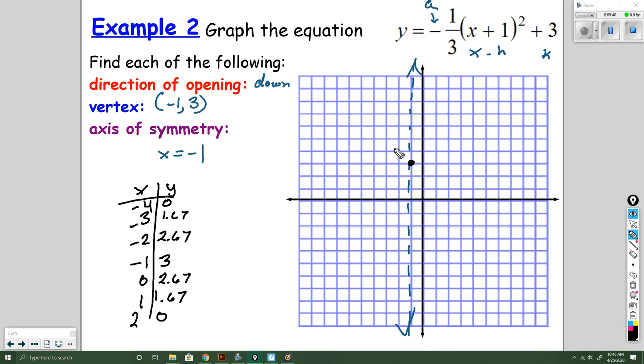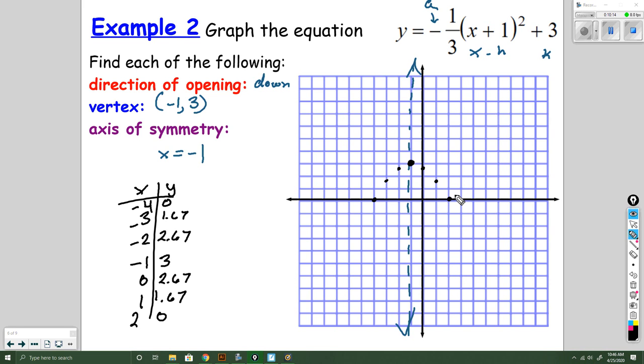Usually I like to run through the entire graph. -2, 2.67. -1, 3, 0, 2.67. 1, 1.67, or 1 2/3, in other words. -3, 1 2/3, and then we get to 4 there.